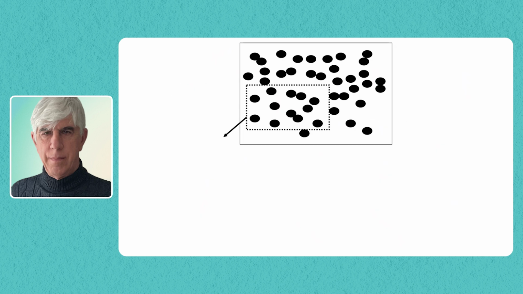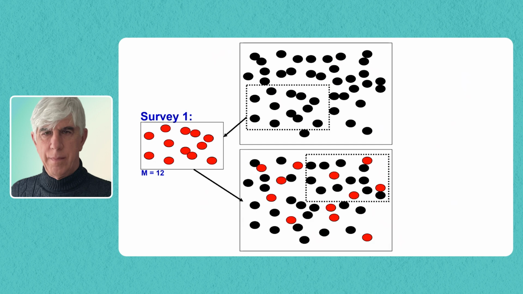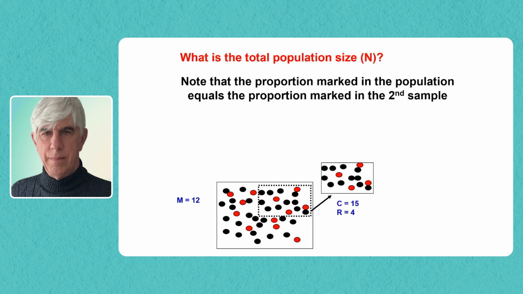So you have a number of animals, you do the survey, you take some animals, you return them to the environment, and then you make another capture. You count the animals, and then you have exactly what you need.